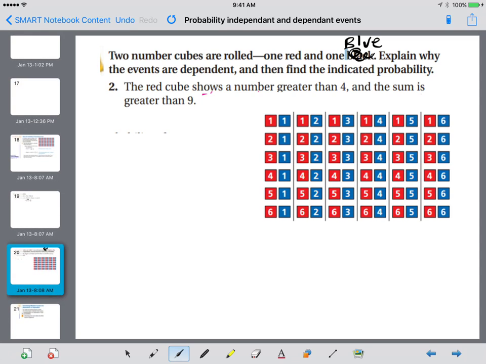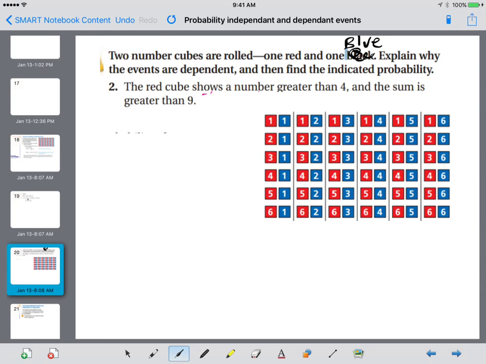Let's check out another example. 2 number cubes are rolled, 1 red and 1 blue. Explain why the 2 events are dependent. So if we want the red cube shows a number greater than 4 and the sum is greater than 9. These are dependent events because the outcome of having the sum greater than 9 depends on the red cube showing a number greater than 4.